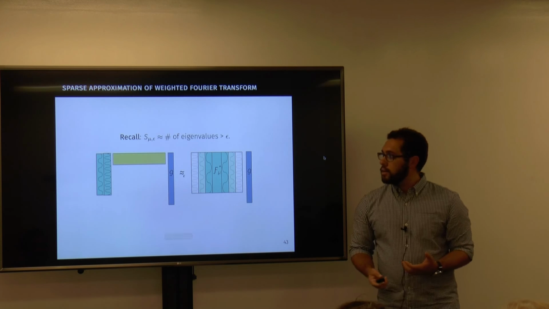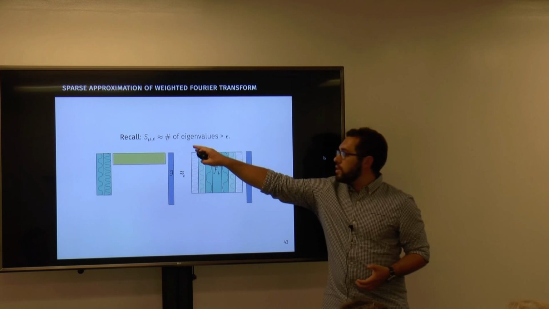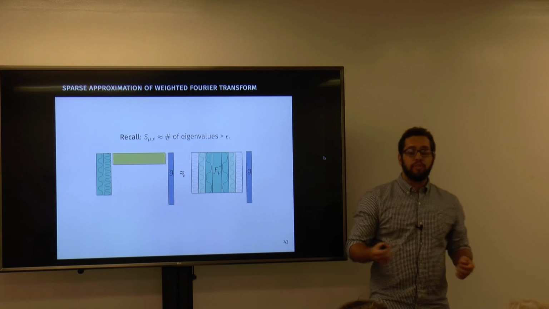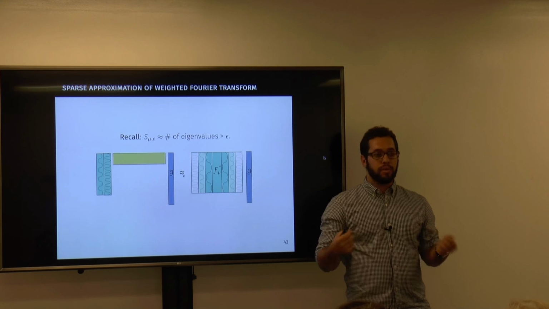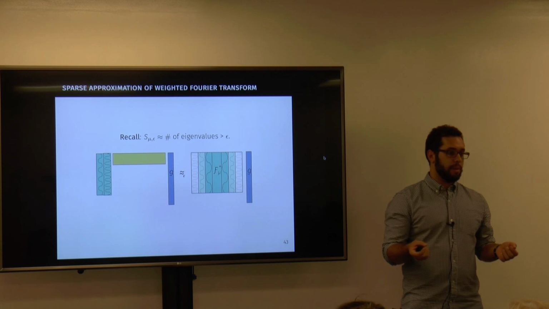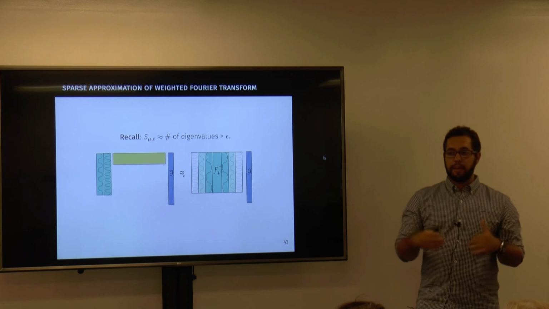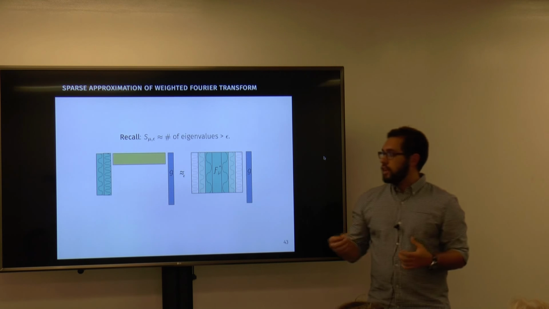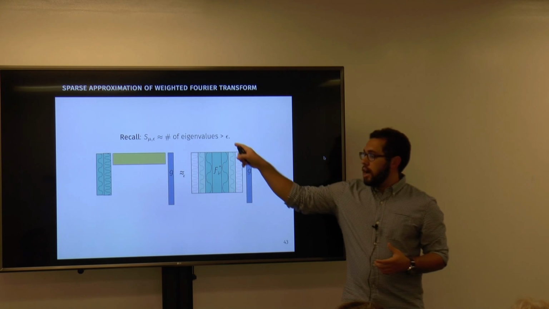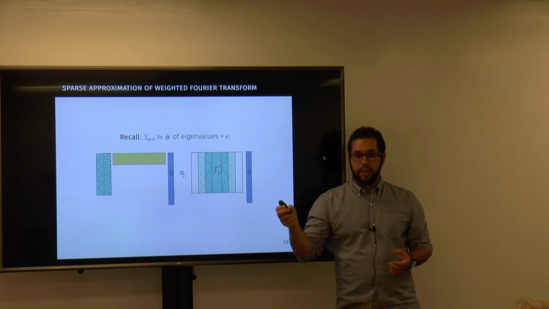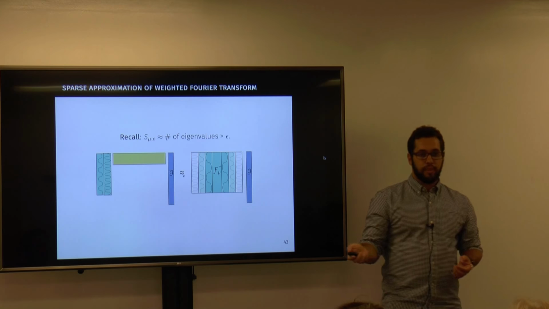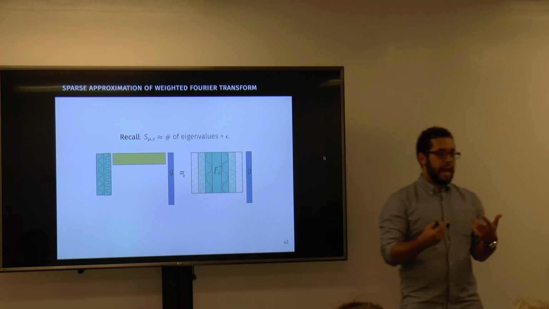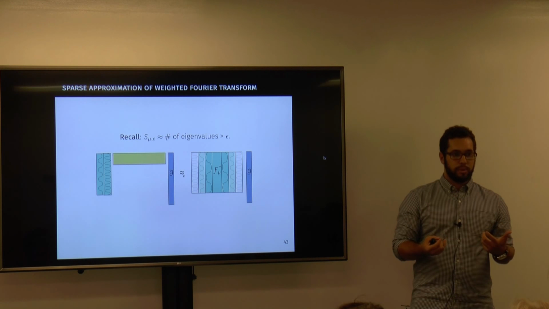But as I said, S mu lambda epsilon is really the number of eigenvalues greater than epsilon in my matrix. So if I take that many columns, I get a very good approximation. I get rid of all eigenvalues except those that have value less than epsilon, so I get a residual that just has small spectral norm.